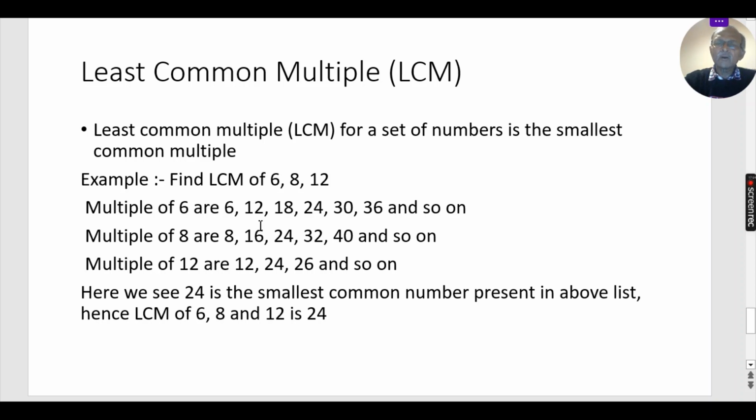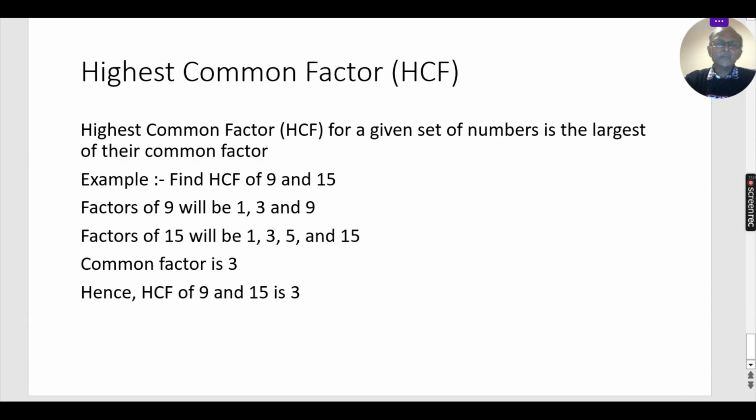That is, the LCM of 6, 8 and 12 is 24. I hope you have understood what the least common multiple is. For a given set of numbers, the smallest common multiple is the least common multiple. Now we move on to HCF.